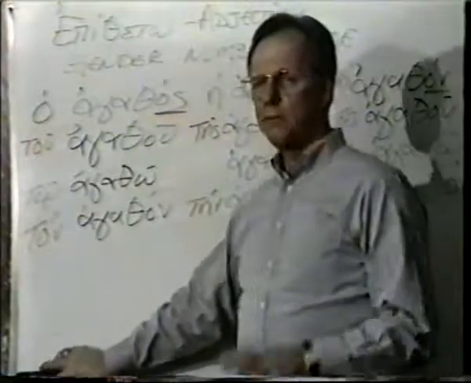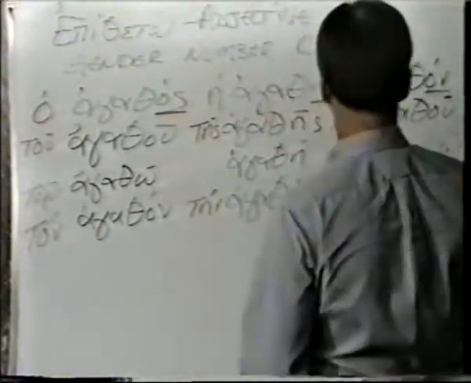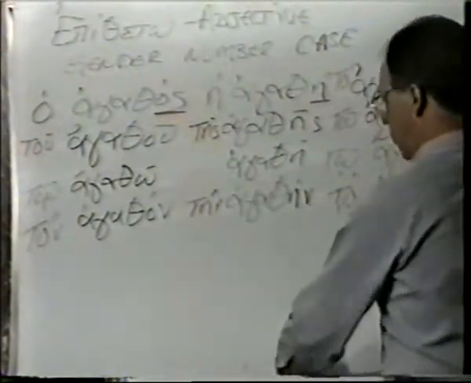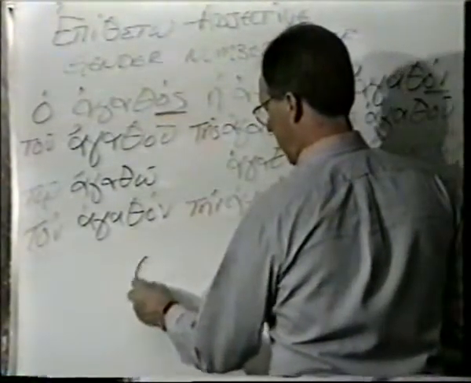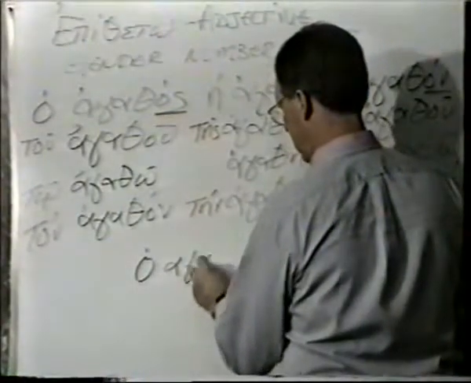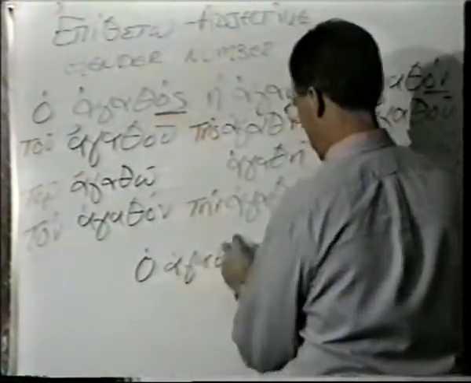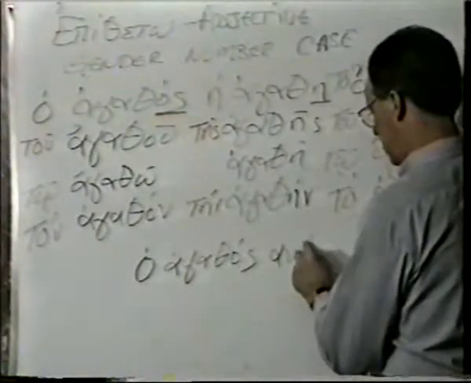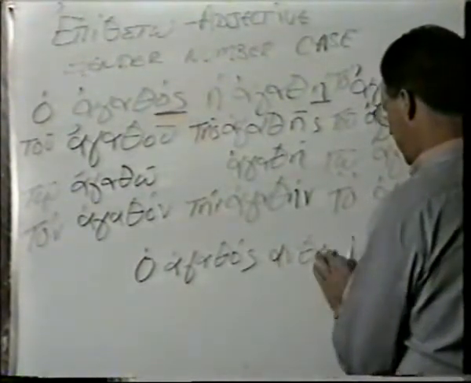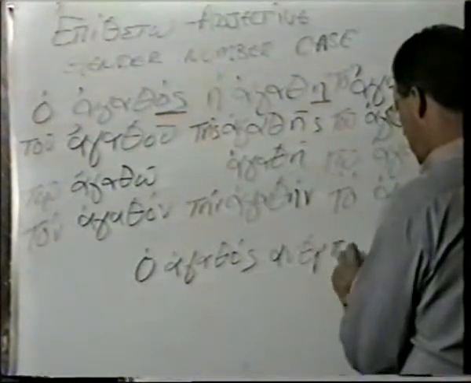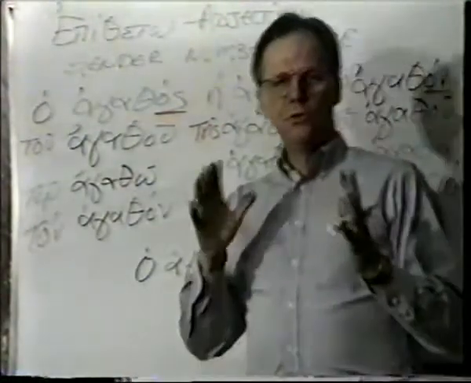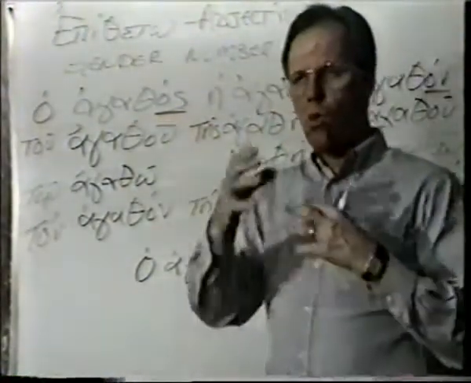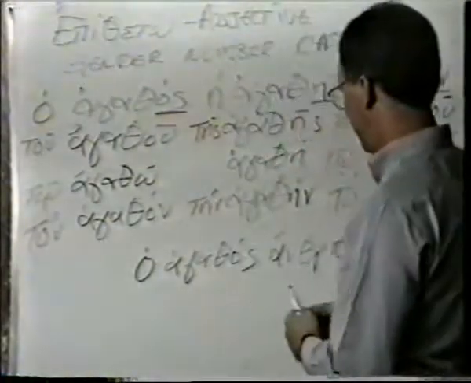As I said, this means good. Now let's take a look at using it with a noun. We see it will modify the noun. Let's take o agathos anthropos. Okay? O agathos anthropos. Now here is what is unique about Greek, in that it all works very well together.